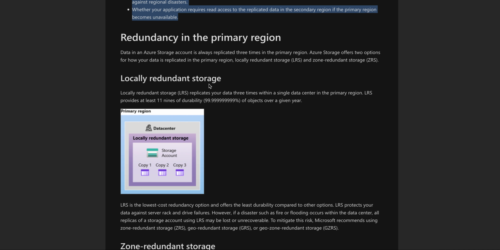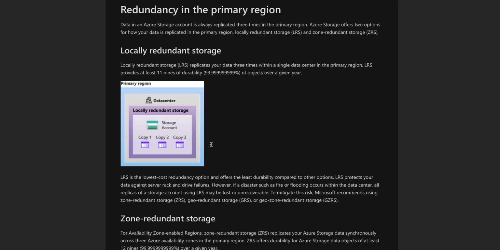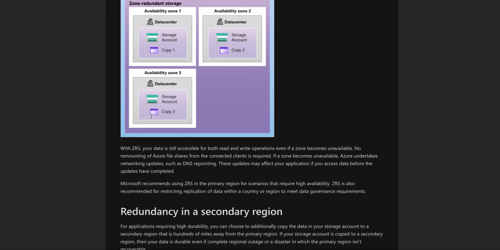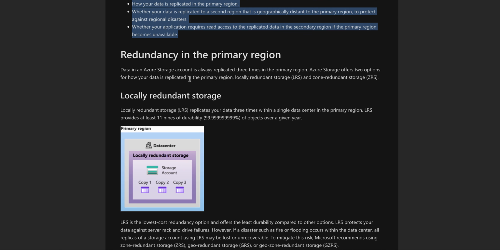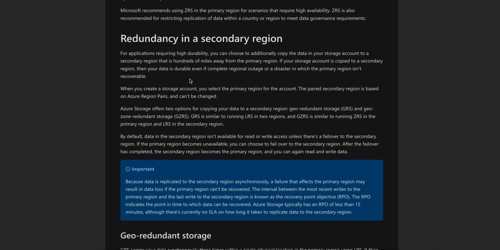We have locally redundant storage, zone redundant storage, and if you remember in the previous video or unit, we saw different abbreviations, like LRS, which stands for locally redundant storage, ZRS, which is zone redundant storage, and so this is talking about redundancy in the primary region, and then we have redundancy in a secondary region.